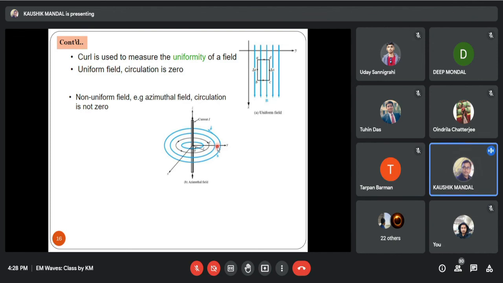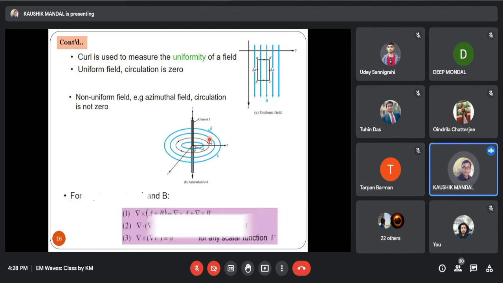Now, if you consider the circulation of the corresponding vector, it will not be 0. These 2 points are very important. By using the curl of a vector, you are finding the circulation of the corresponding vector, or the rotational vector representation. If the field is uniform, then it will be 0. If it is not uniform, then it will not be 0.